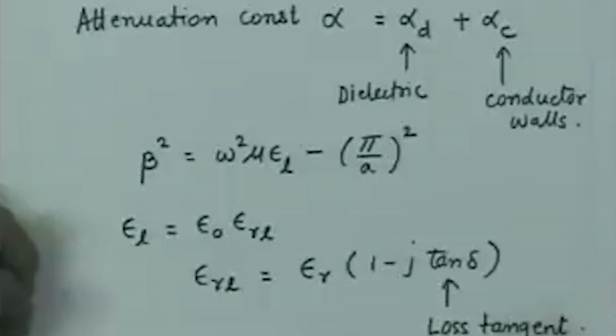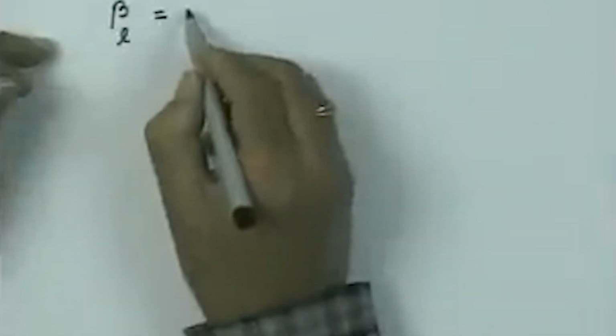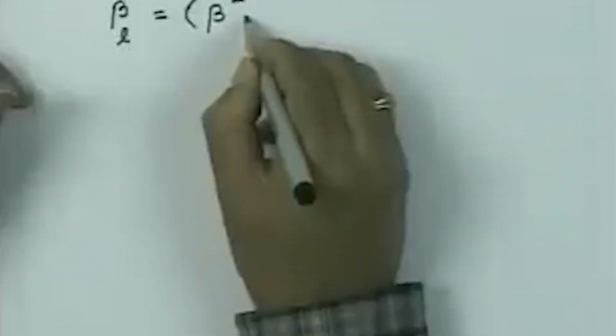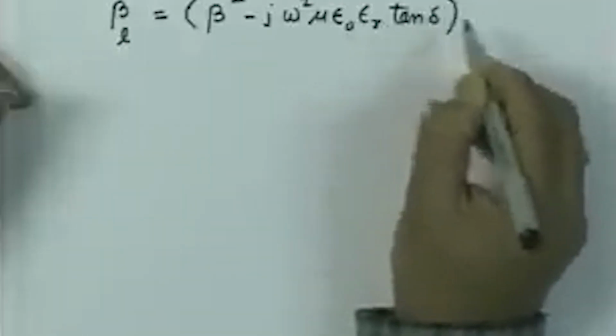So, if I do that and if I substitute, essentially I can get beta for the lossy medium. So, let me put a suffix here for beta for lossy medium. So, beta L will be equal to square root of beta square, which is for lossless medium, minus j omega square mu epsilon 0 epsilon r tan of delta.